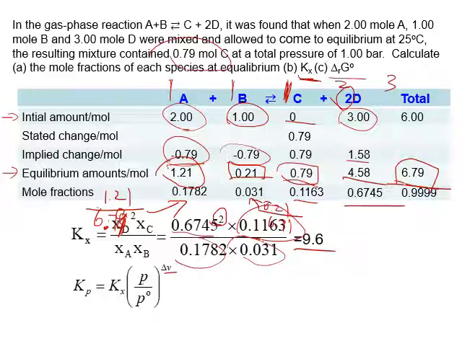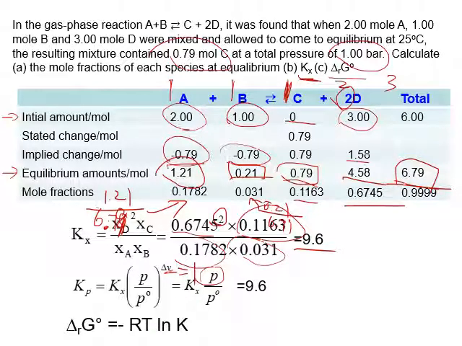So 3 minus 2 is 1. So delta v in this reaction is 1, and therefore Kp is just Kx times P. In this question, P is 1 bar, so Kx is just Kp. So Kp is 9.6.